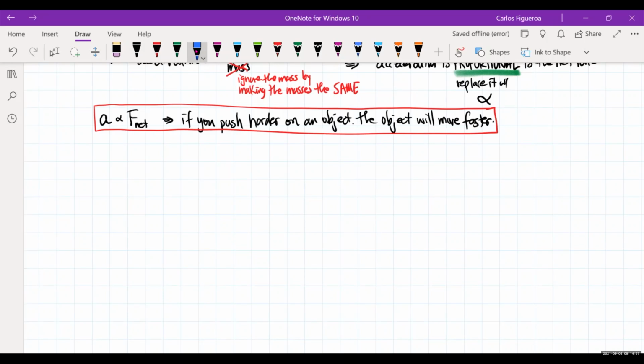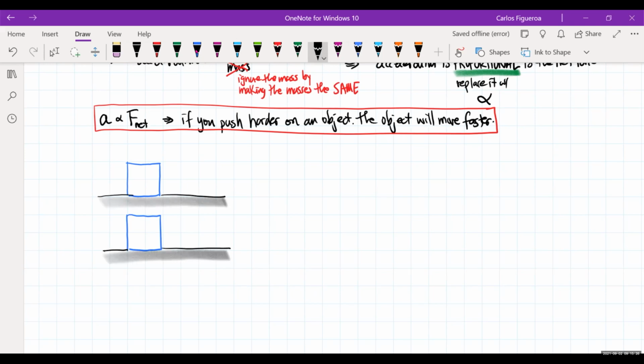Imagine that I have two boxes. Now remember, the masses have to be the same. The only way I can ignore the mass is if they're the same. So let's draw two boxes. And here they are right here. I imagine that they're on some surface, so they're going to be sliding.